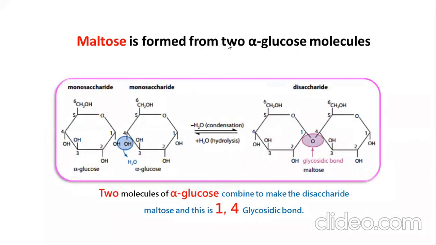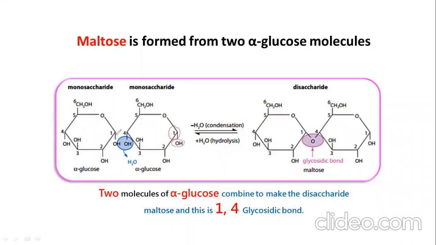In this case, if you see, 2 alpha glucose come together and form what? Glycosidic linkage. Alpha glucose means for the glucose from position carbon number 1, the hydroxyl group is down, that will be alpha glucose.